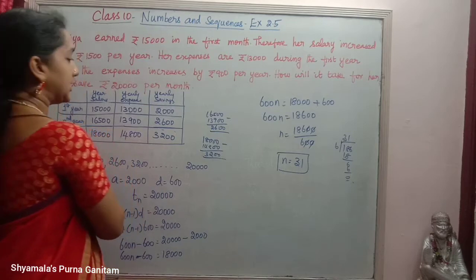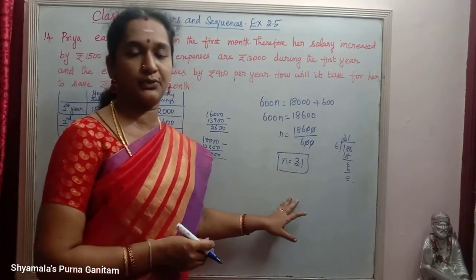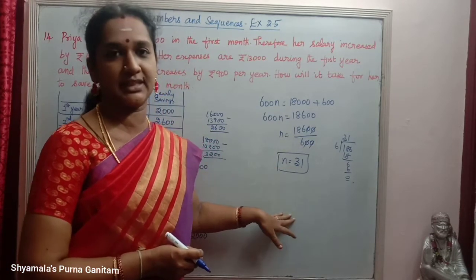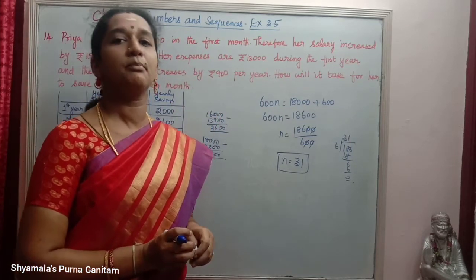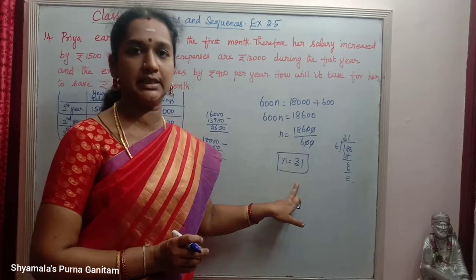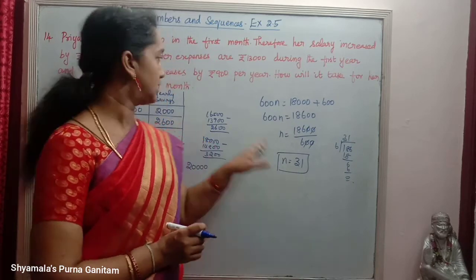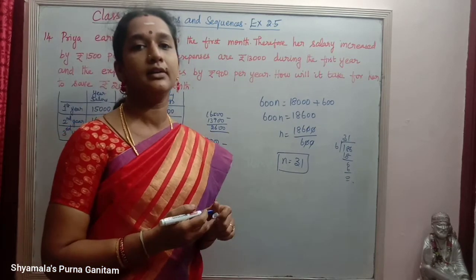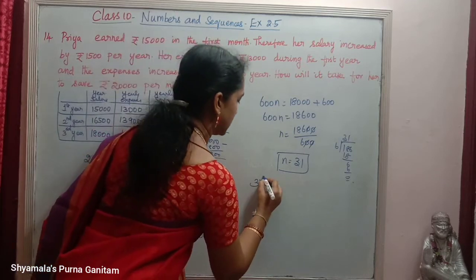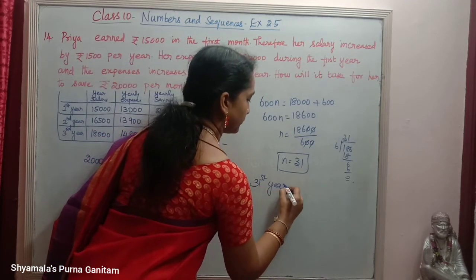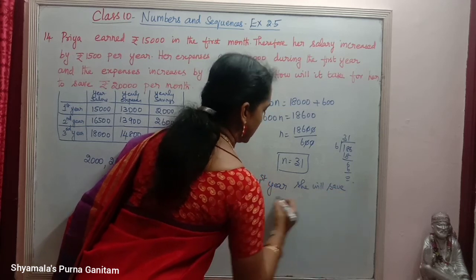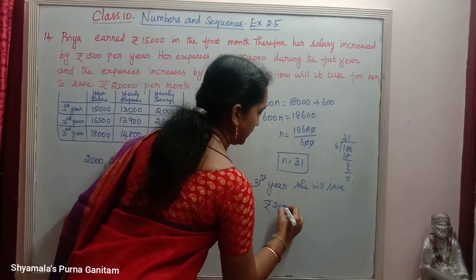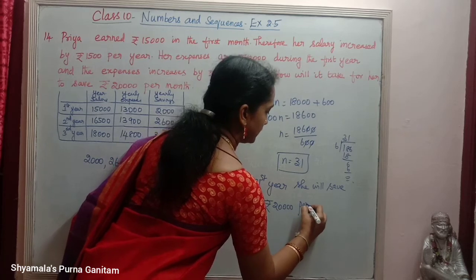So on the 31st year, she will be saving 20,000 per month. That is 31st year. She will save rupees 20,000 per month.